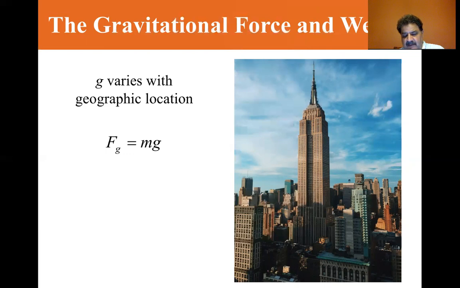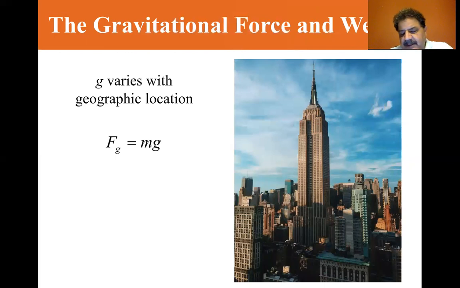Example, a student has a mass of 70 kilograms. His weight would be 686 newtons. At the top of a mountain, where g is, let's say, 9.77 meters per second squared, his weight would be 684 newtons. The equation indicates a clear difference between mass and weight.